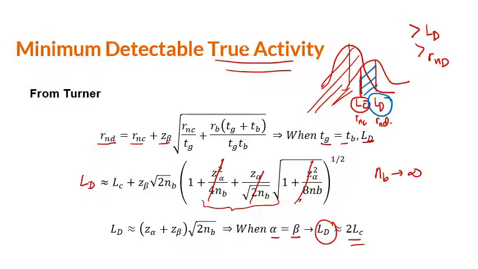Tapos sinabi mo na, ay, wala kasi ang ginamit mong threshold ay L sub D. So, there is some nuance in what cutoff yung gagamitin mo, kung LC or LD, in saying that there is no radiation or there is radiation, there is no significant activity, there is significant activity, or there is no detectable true activity, or whether there is true detectable activity.